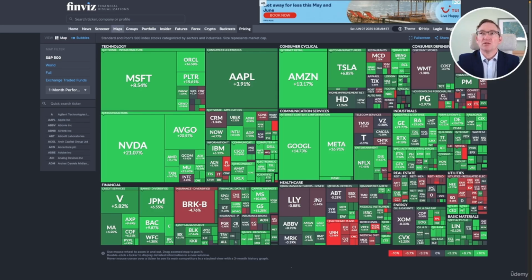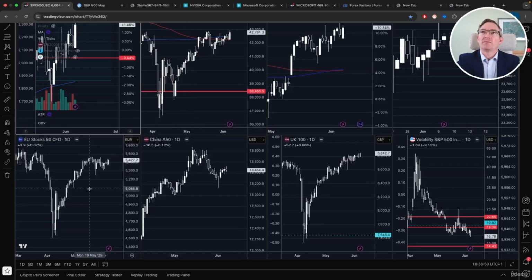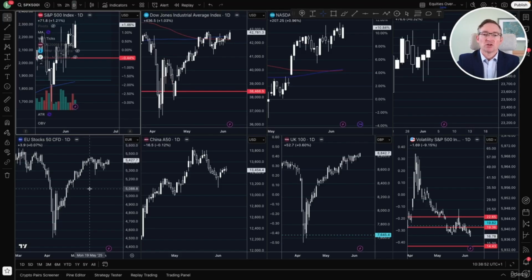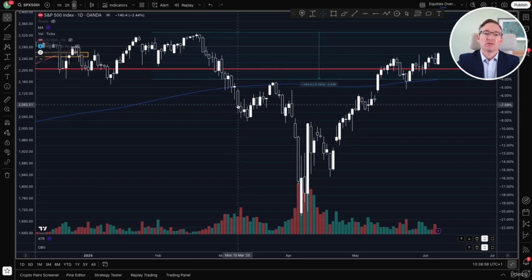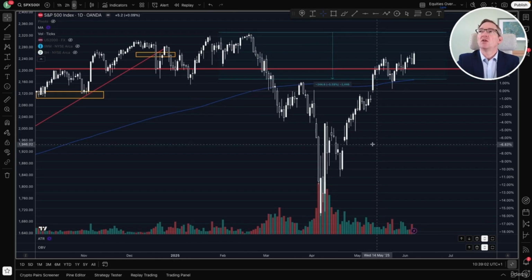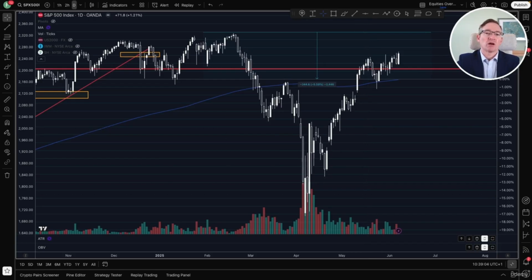Now, you can also use indices for hedging. I'll give you a PDF to show you the way to do this. Let's say you're long the S&P 500 and you're suddenly worried about an upcoming Fed interest rate decision, or there's a CPI print coming out and you know that if it surprises markets, there's going to be a huge reaction.